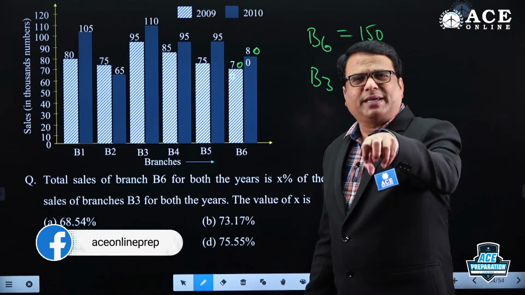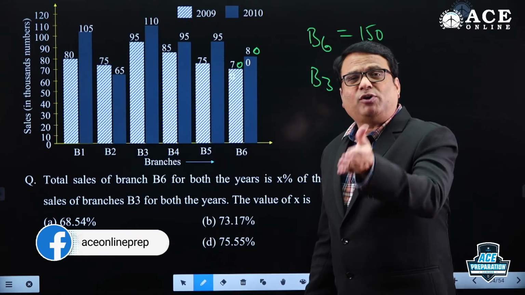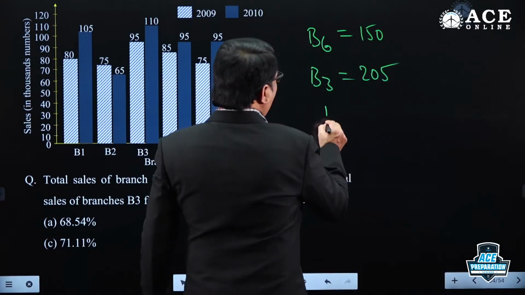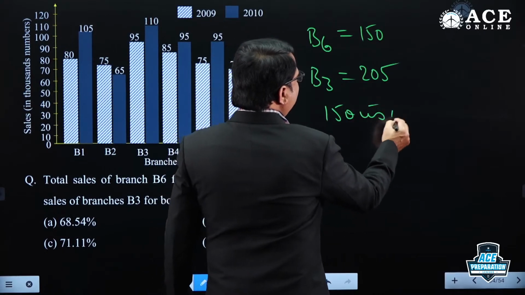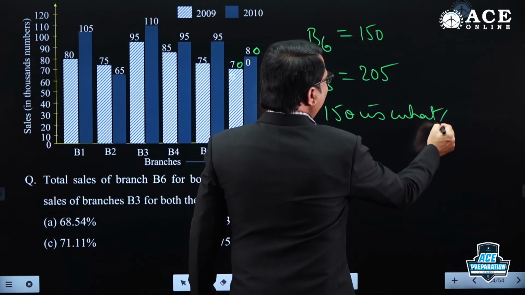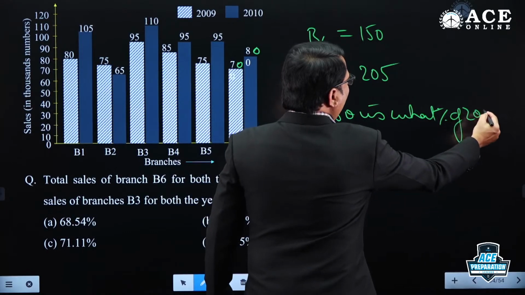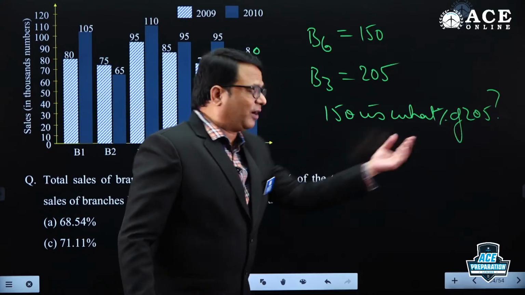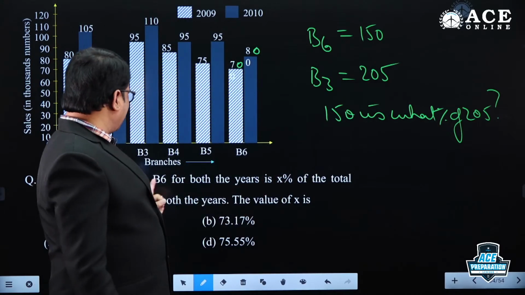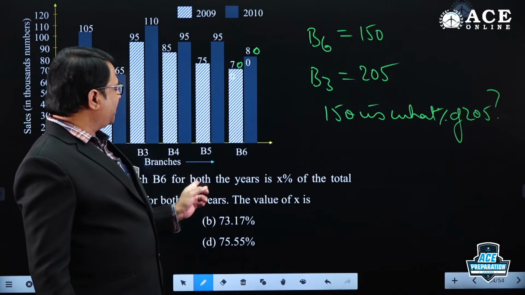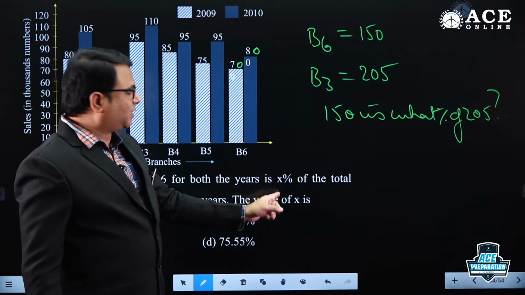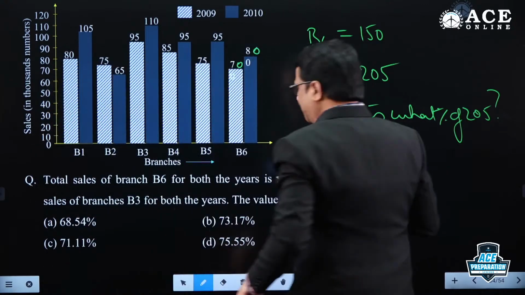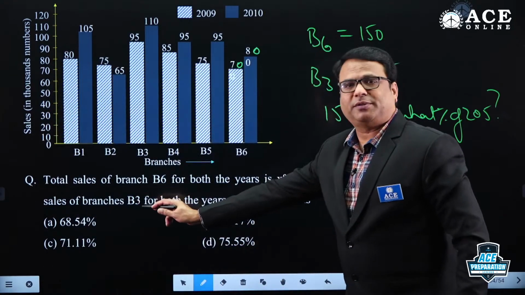Total sales of B6 is what percentage of total sales of B3? That is the question. That means 150 is what percent of 205? See here, the total sales of branch B6 for both the years is X percent of total sales of B3.